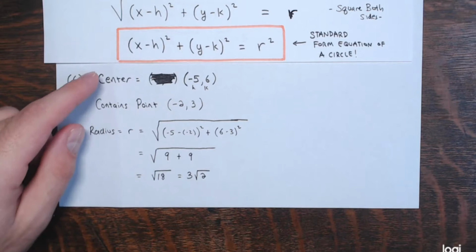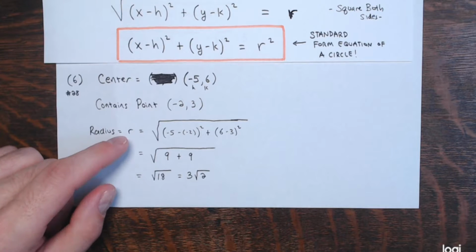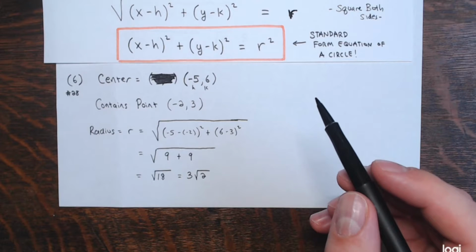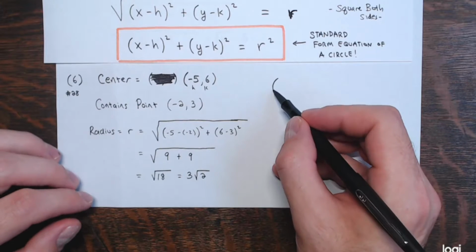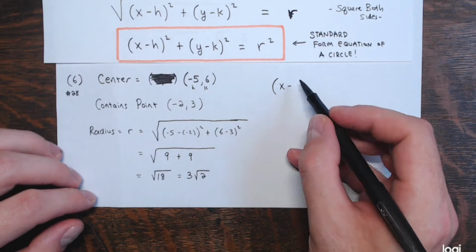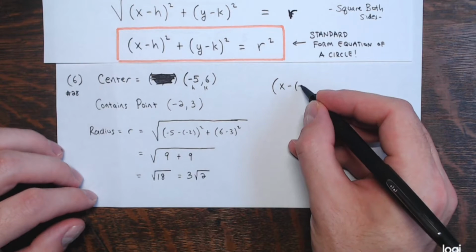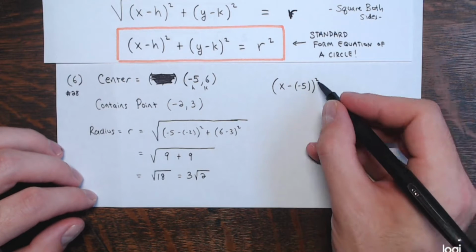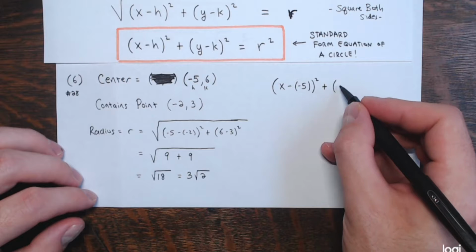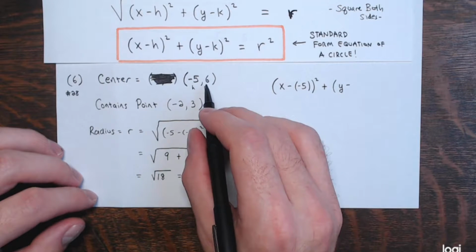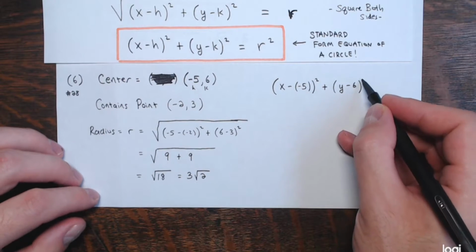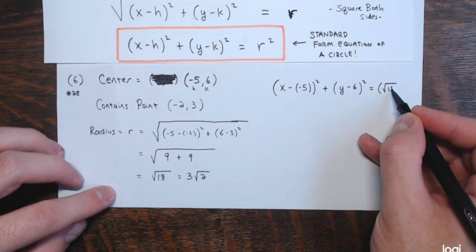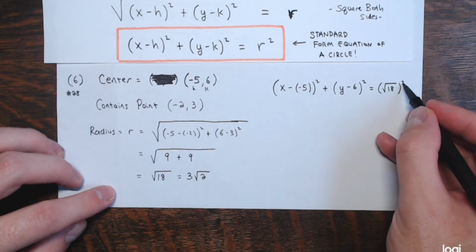And now I have the center, I have the radius. I should be able to now write the equation of the circle in standard form. So remember, it's the quantity x minus the x coordinate of the center, so x minus negative 5 squared, plus the quantity y minus the y coordinate of the center, y minus 6 squared, equals the radius squared, which is the square root of 18, or 3 times the square root of 2, squared.